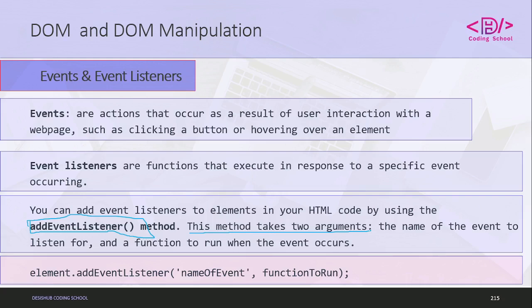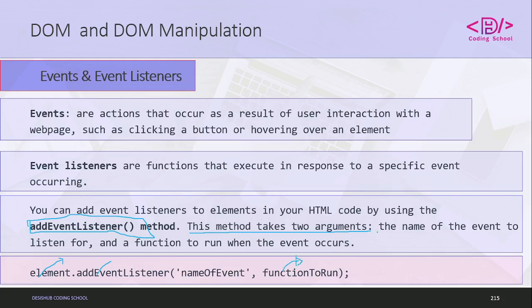So the syntax of using an event listener is something like this. You have the element that you selected from HTML, and you can add an event listener to it, and then you can do something when that event happens.